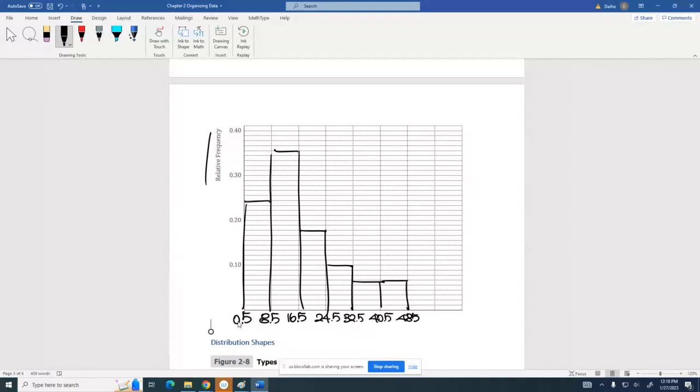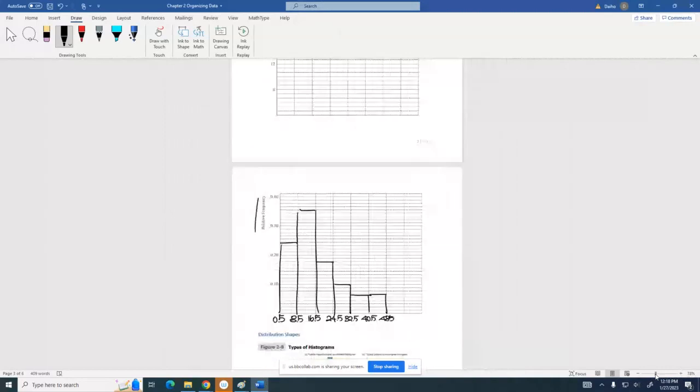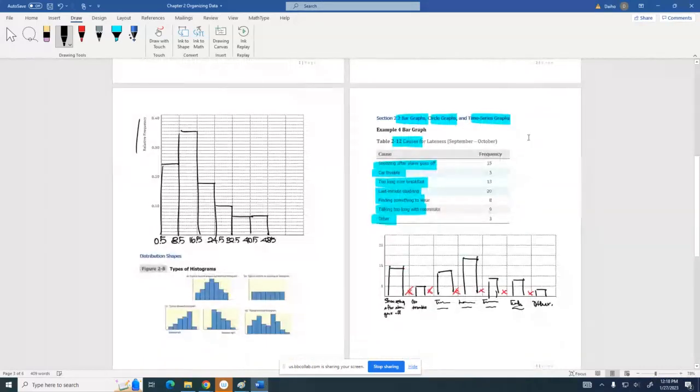Do you remember the histogram? Let me compare them together. Left one, histogram. Right one, bar graph. What's the difference? Space, yes, absolutely. I put some space between the bars on the bar graph. Why didn't I on the histogram? Because there we are comparing data values with others, so there's no gaps.